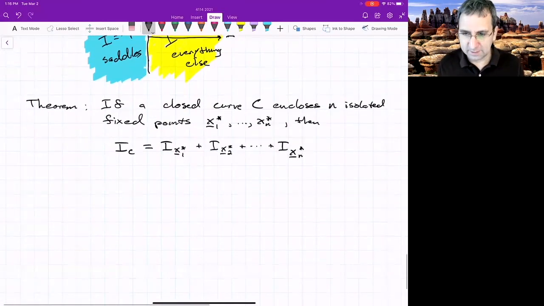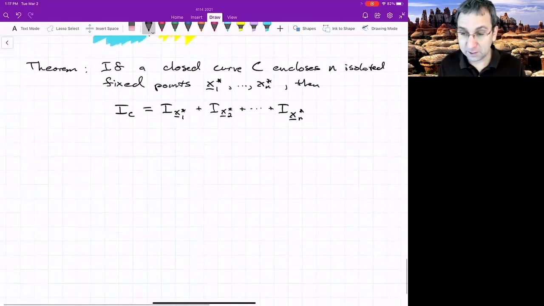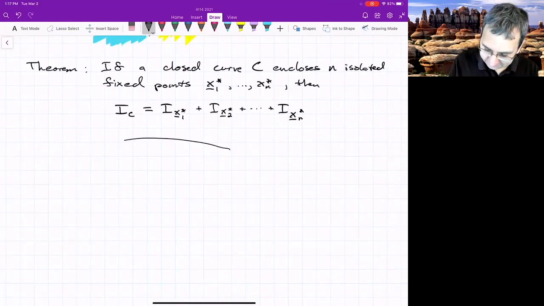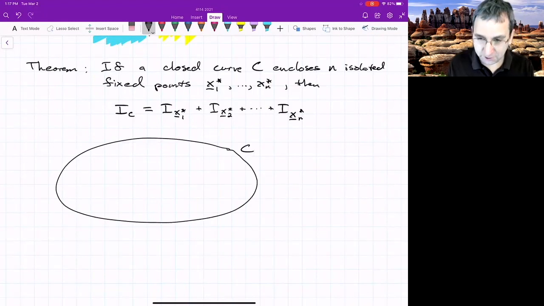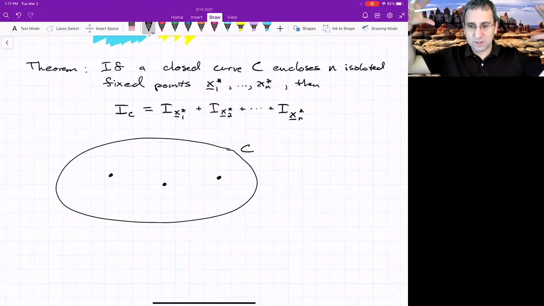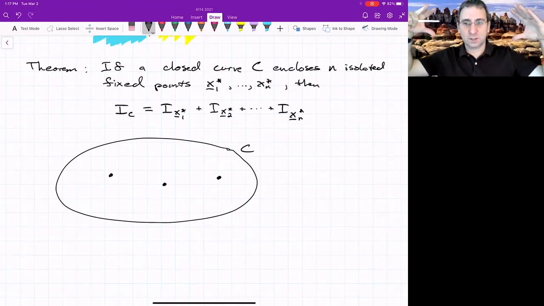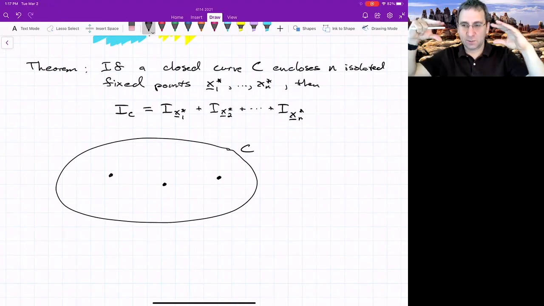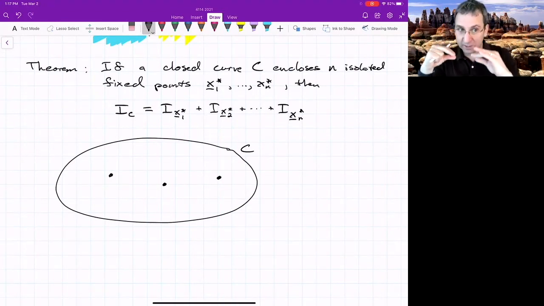That's cool. The idea behind the proof is familiar if you've taken complex variables or electrostatics. If you've got some closed curve, and let's say we've got a few fixed points in here, you could deform this closed curve. Think of it as a balloon that you're shrinking down. You're sucking out most of the air, being careful to not hit the fixed points.